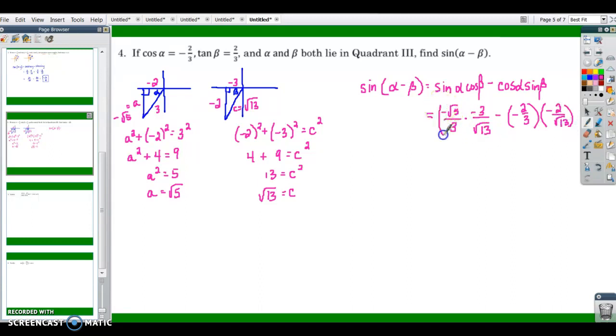I should probably put parentheses around this too, although you don't have to. I'll go ahead and do that.